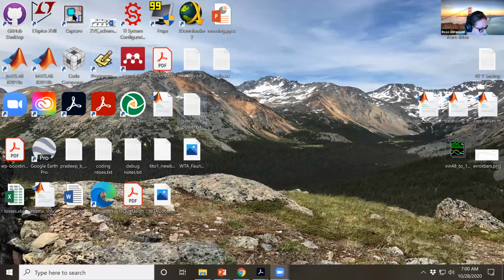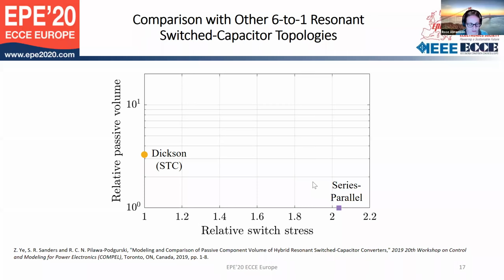Sorry. Okay. Do you see the right slide? No, it's just a desktop. Okay. Sorry. Try that again. Okay, is this one the right one?